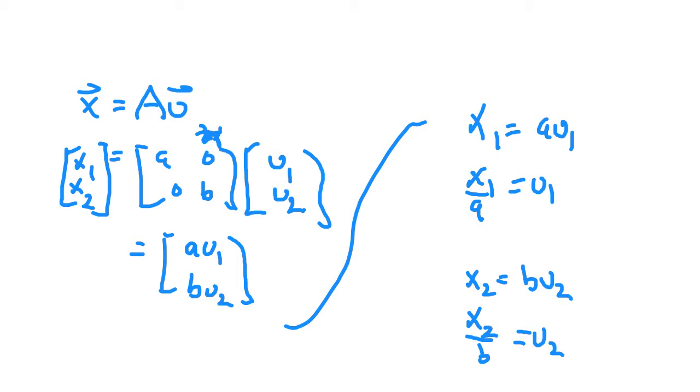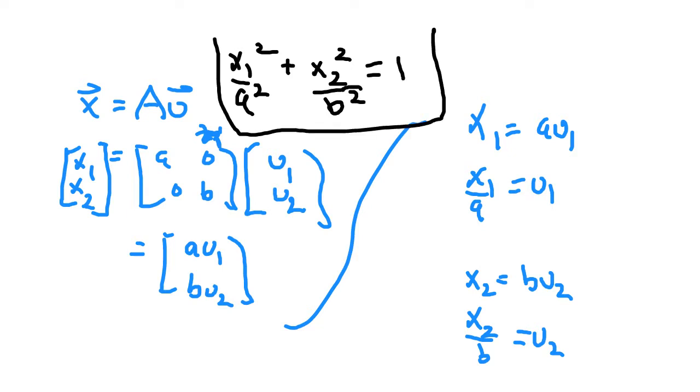And if you look in example 5, for the equation of the ellipse they had x1 squared over a squared plus x2 squared over b squared equals 1. That's the standard form of an equation of an ellipse.